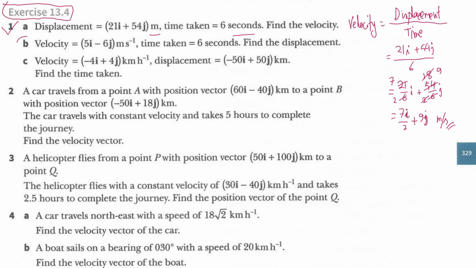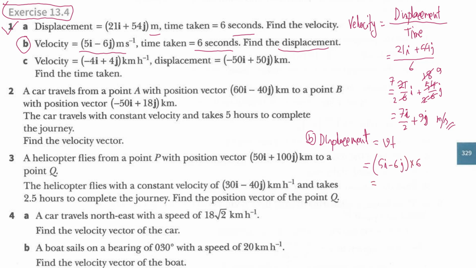The second question: velocity and time are given, and they're asking to find displacement, so it's easy as well. Displacement we can find by multiplying velocity by time. The velocity is given as 5i minus 6j, and the time is 6 seconds.